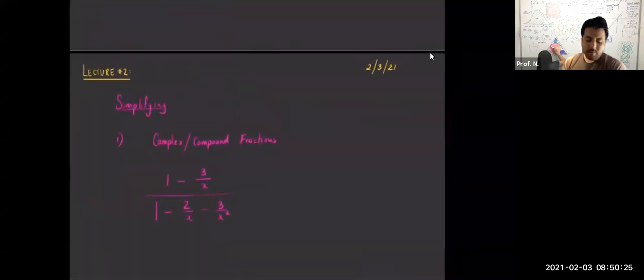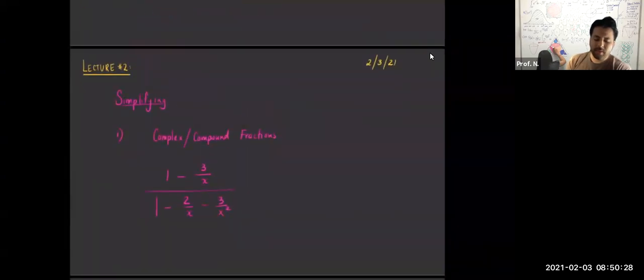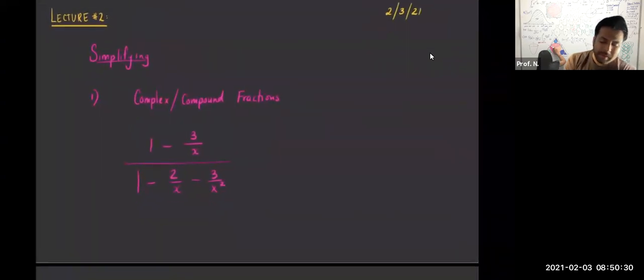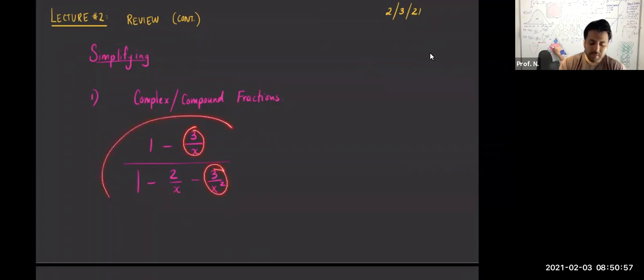Now we're going to continue with the review, and particularly it's a review of Math 115, which is the class that precedes this class. We're going to be talking about simplifying complex or compound fractions. These are fractions that have fractions within the fraction. So you have one big fraction and smaller fractions within it. Now the question becomes, how do we simplify it?